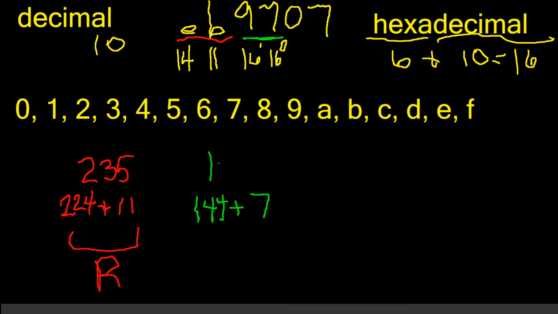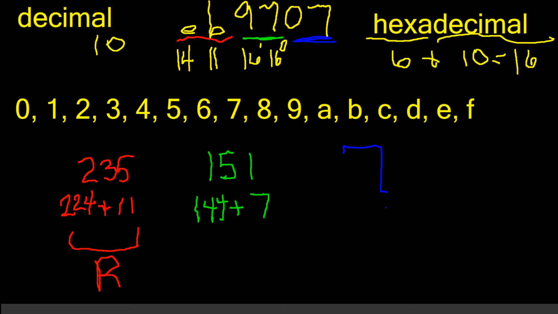So that means this is 151 if we were to convert it into decimal. And our blue value here is pretty easy. Right, our last pair is our blue value. 7 times 1 is 7. 16 times 0 is 0. So it's just straight up 7.